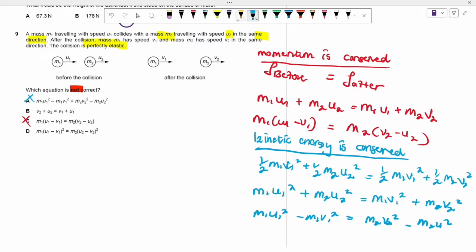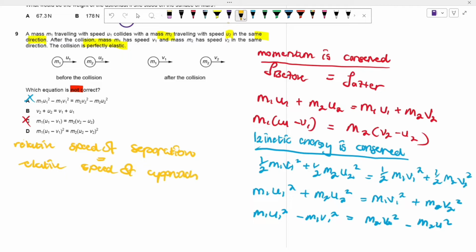And then another thing that I need you guys to know is about relative speed of approach and relative speed of separation. What you should know is that for an elastic collision, the relative speed of separation should be equal to the relative speed of approach, right?